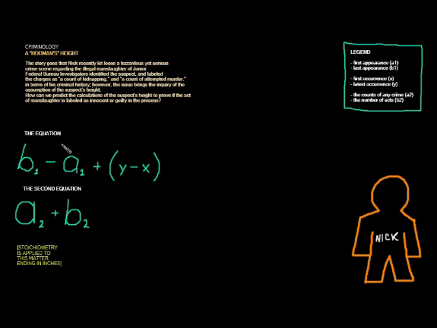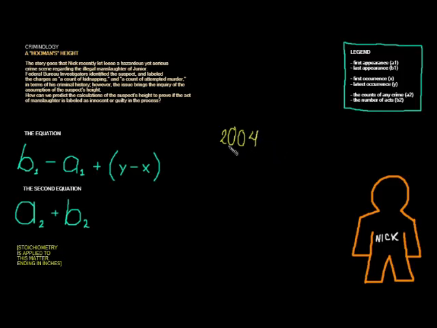So first, let's start with the first equation, and we're going to go in order here. While I was doing my research, I was researching the latest appearance and the first appearance, those two appearances. So for B1, we have 2004.